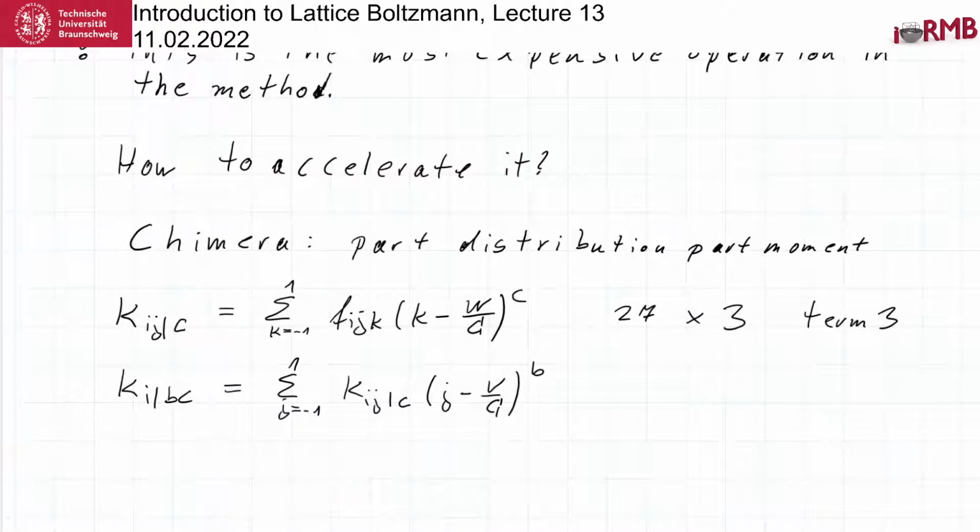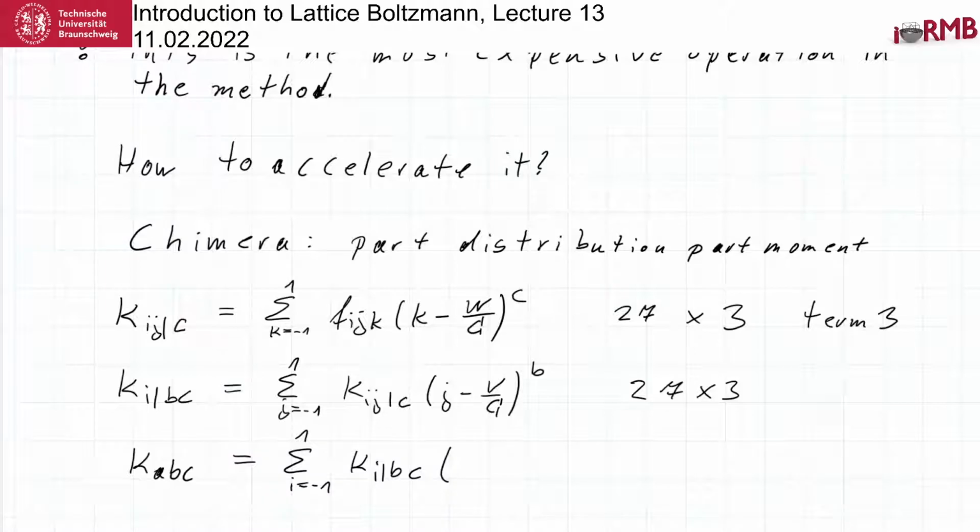Then we do this here again, we have 27 times 3, and then when we sum this again over, now what is it, over b and c, I minus u c to the power of a, is it?